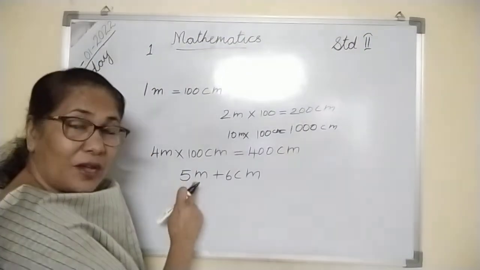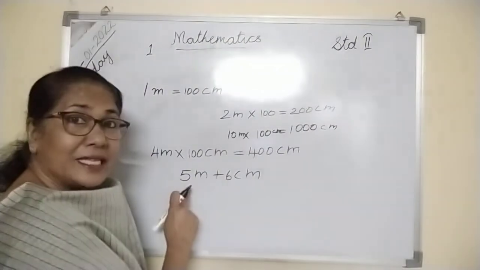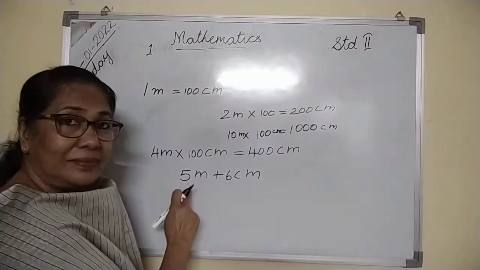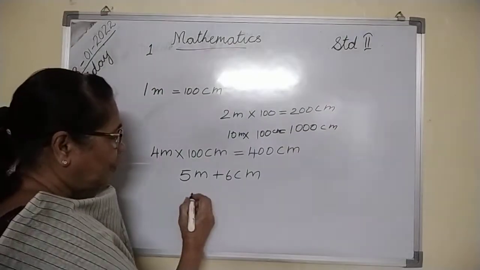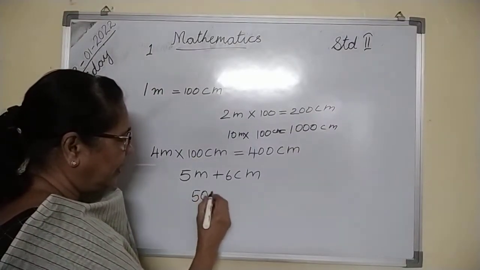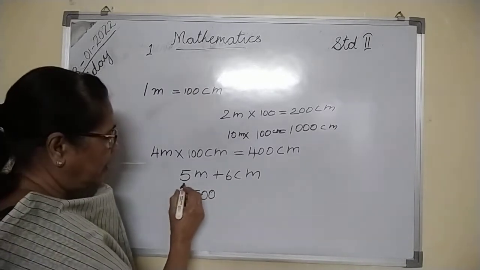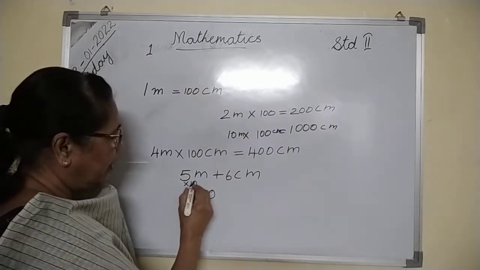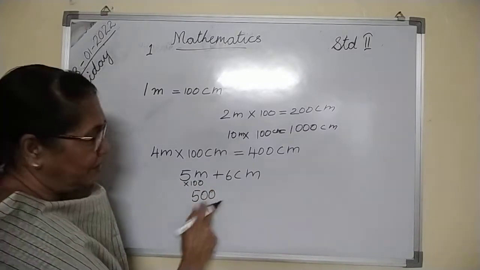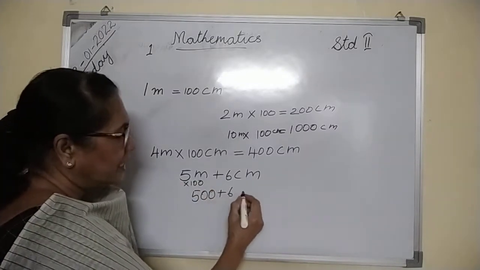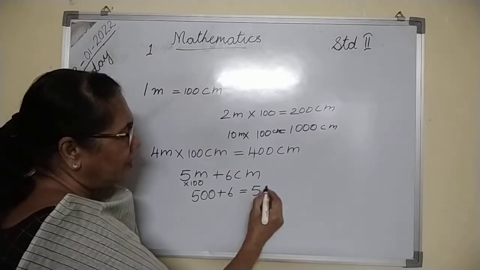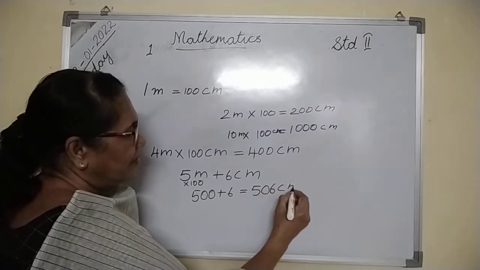So first you have to find how many centimeters are there in 5 meters. So first what do you do? 5 into 100 is 500 centimeters plus 6 centimeters. You get 506 centimeters.